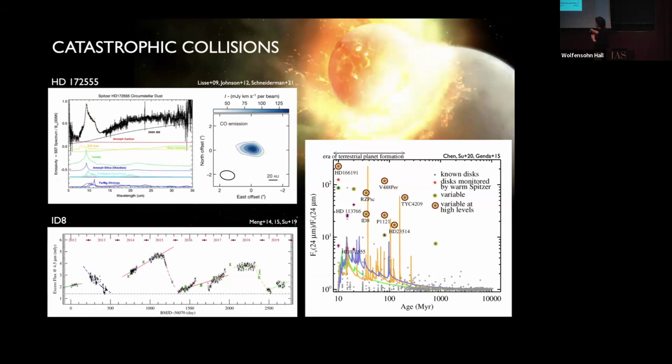The 24 micron Spitzer excess is maybe 2 orders of magnitude greater than the run-of-the-mill debris disk. Not only are these EDDs, extreme debris disks, very bright, they're also very time variable. The Spitzer fluxes vary over timescales of weeks, months, years, suggesting that something happened recently and it's still trying to equilibrate.